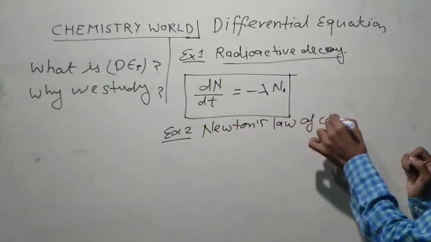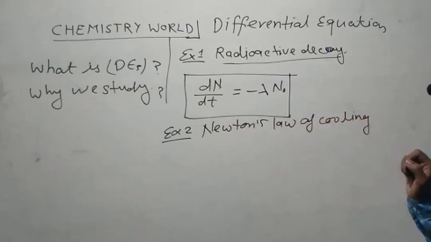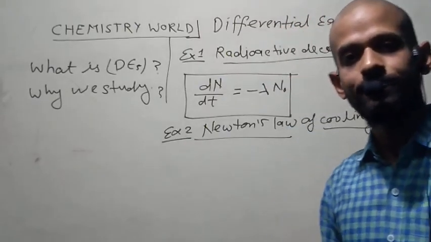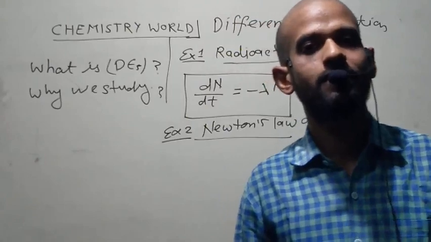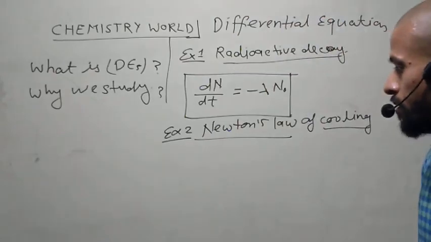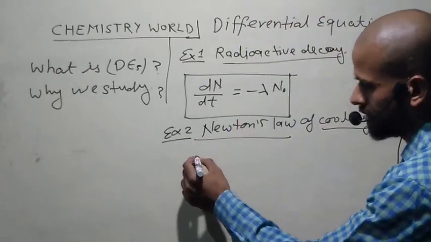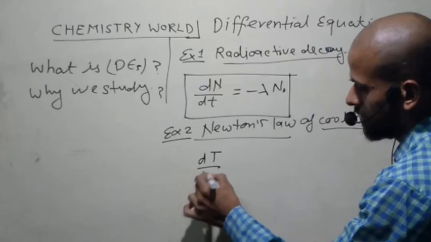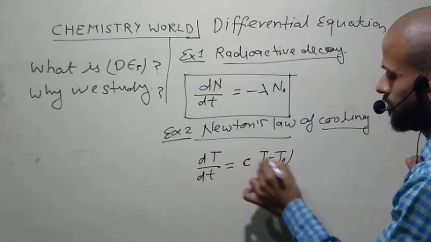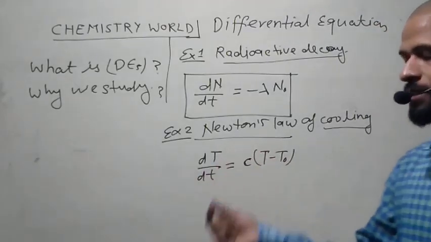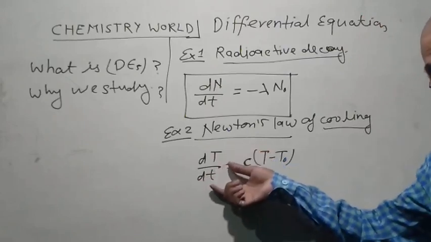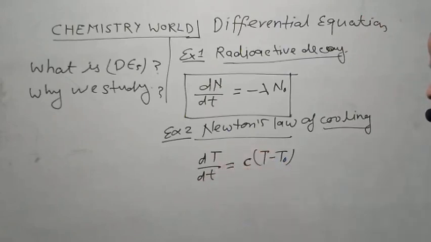It is stated as: the rate of cooling of a body is directly proportional to the temperature difference between the body and the surroundings. It is written as dT/dt = C(T minus T0), where T is the temperature and t is time. The rate of change in temperature of a body is proportional to T minus T0.